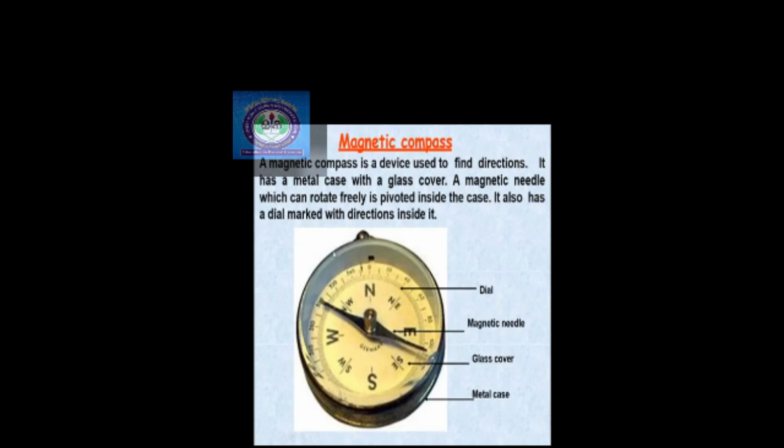Okay, and there is a magnetic needle always inside it, and that needle is basically a small magnet and it rotates inside that case. And because it is freely suspended, it is free to move. That's why it will always point towards north-south direction, right? So that's why the magnetic needle is placed in it.